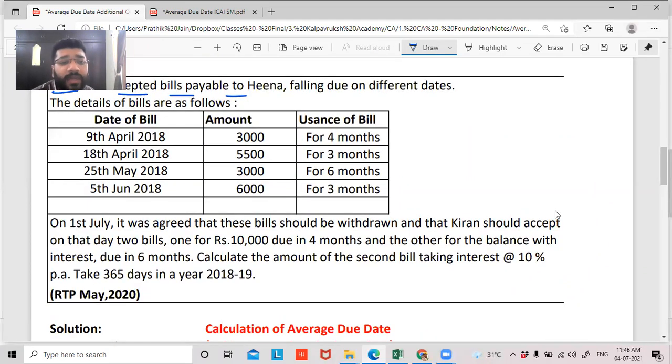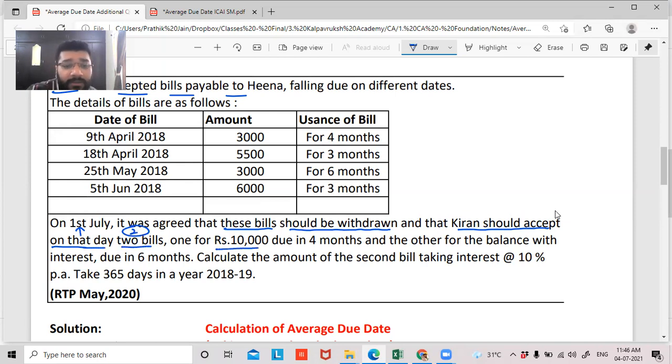Now, guys, on 1st July, it was agreed that these bills should be withdrawn, and that Kiran should accept on that date, which means on 1st of July, 2 bills.